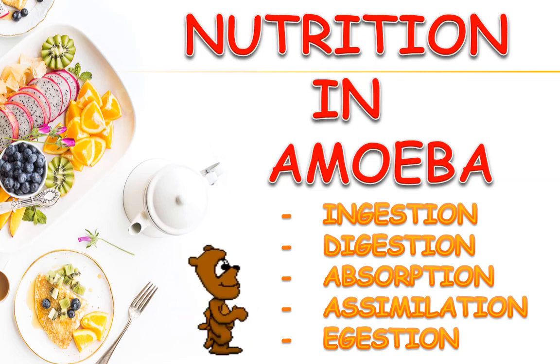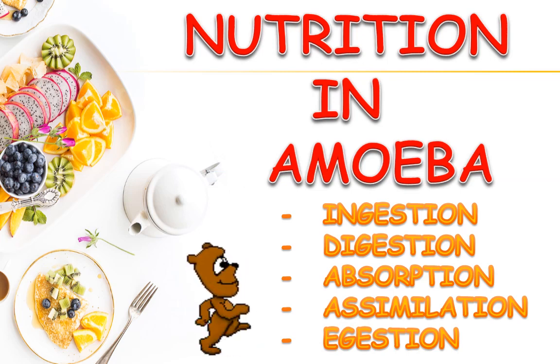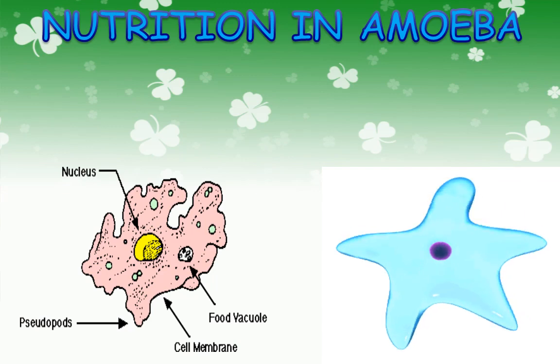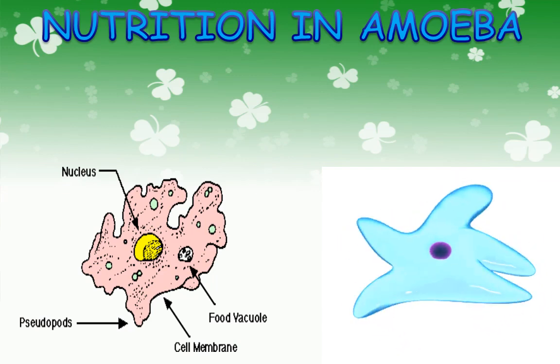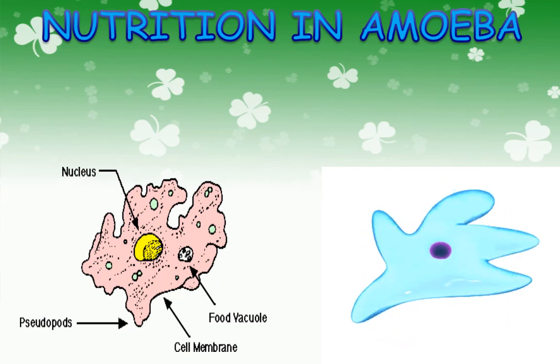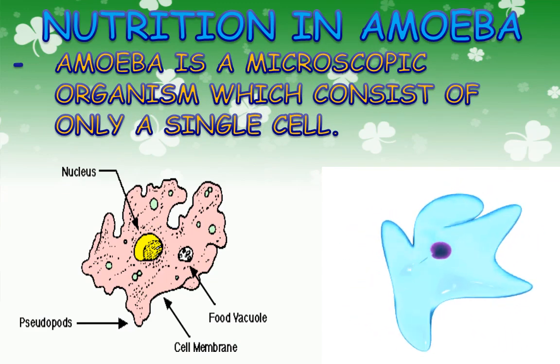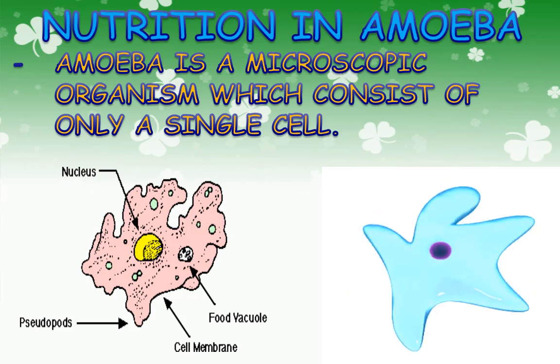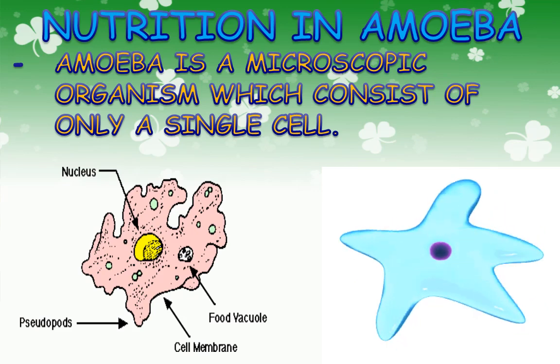Now we will learn how nutrition takes place in simple organisms like amoeba. Nutrition in amoeba. First of all, we should know what is amoeba. Amoeba is a microscopic organism which consists of only a single cell.